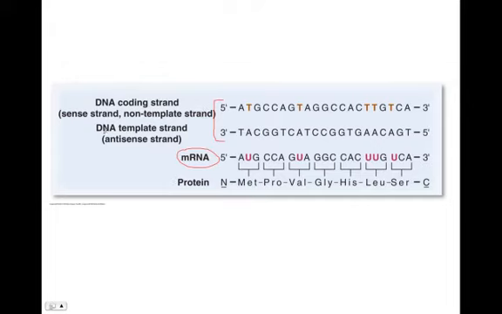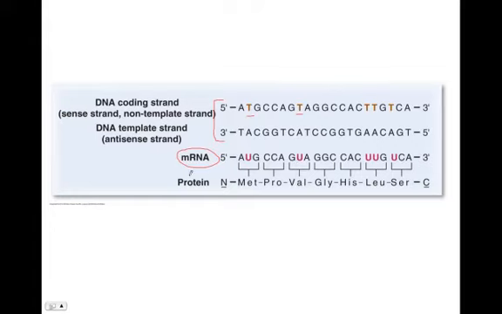Again, the DNA template strand for transcription is the antisense strand of DNA, so that we can generate a messenger RNA strand, or mRNA strand, that carries the same sequence as our DNA coding strand. In all cases, thymine in DNA is replaced by uracil in RNA.